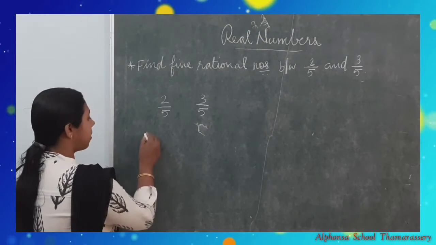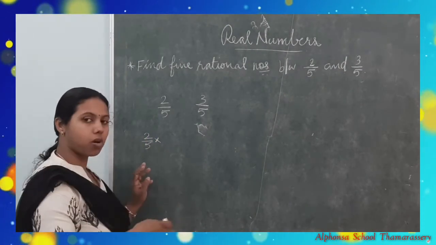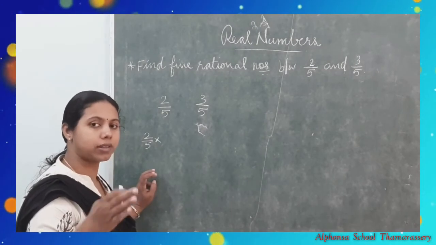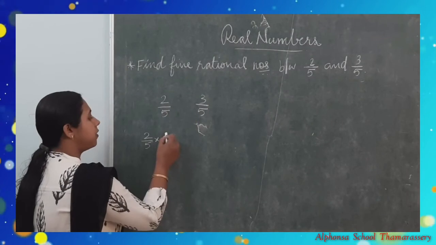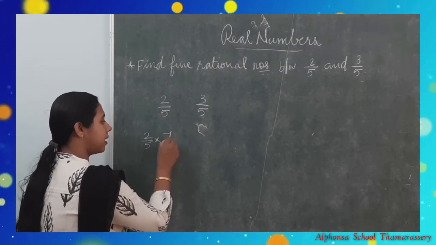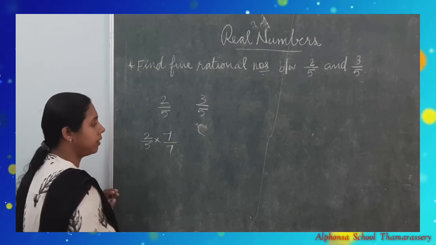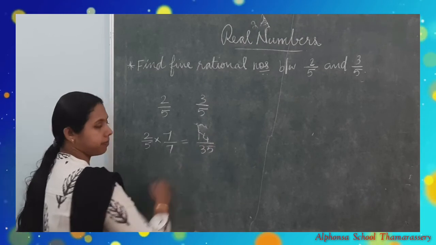So here you can multiply 2 by 5 into 6 or 7, 8, whatever, more than 5 you have to take. If you take more than 5, you can choose any number. Let us choose 7. That will be equal to 14 by 35.